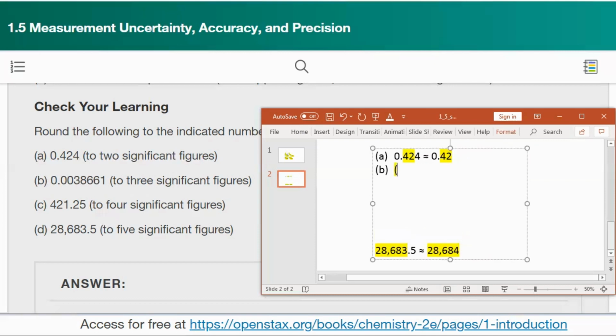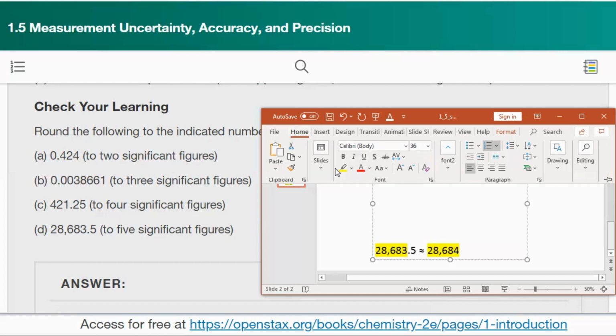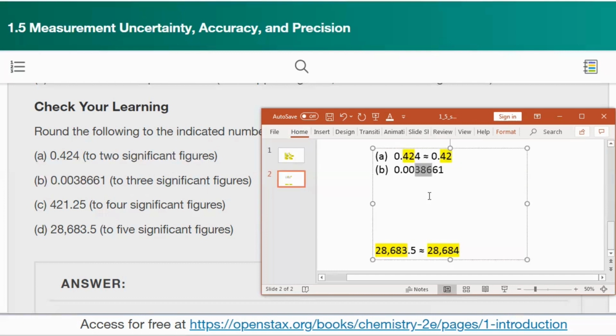Okay, so example B is 0.0038661, and it wants it to be only 3 significant figures. Let me turn off that highlighting. And I'll highlight that. So I'll explain again. The value to the left of the decimal point is 0.